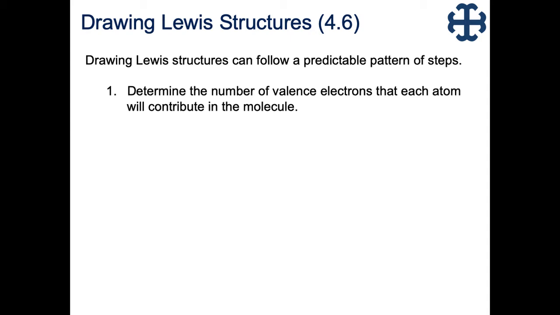As far as rules for drawing Lewis structures, we can follow a pattern, and this should work for just about every Lewis structure. In class, we're going to talk about some more advanced examples, but if we start simple, first thing we want to do is determine the number of valence electrons that each atom will contribute in the molecule.